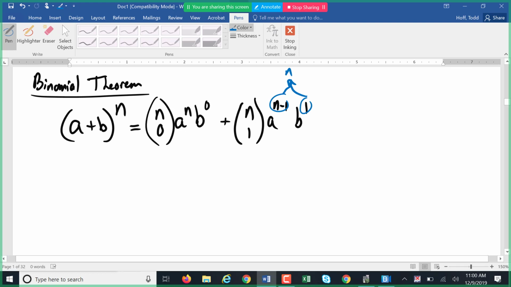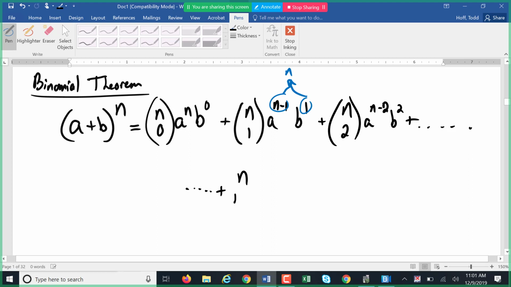The next term of the expansion would be n choose 2, again a combination, of a to the n minus 2 and b to the second. And this will continue until you get to n choose n minus 1, a to the power of 1, b to the power of n minus 1.